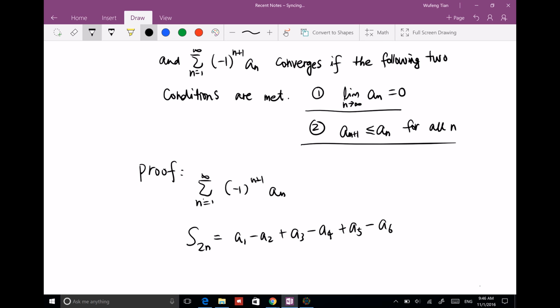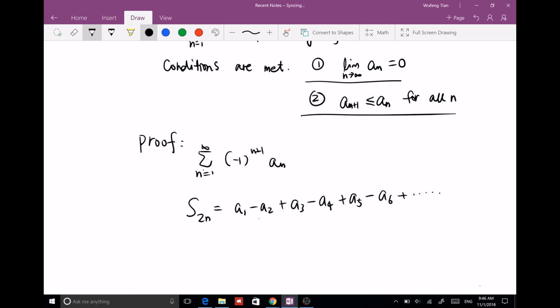You know that because our signs will alternate, right? So if I combine them together, I get S_2n equals a1 minus a2 plus a3 minus a4 plus a5 minus a6, and add all of them together.